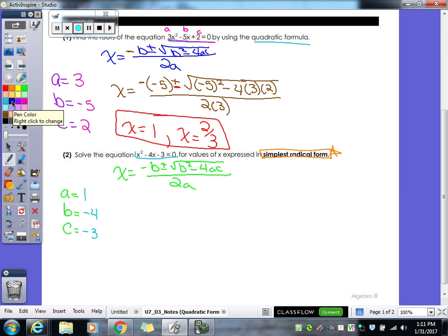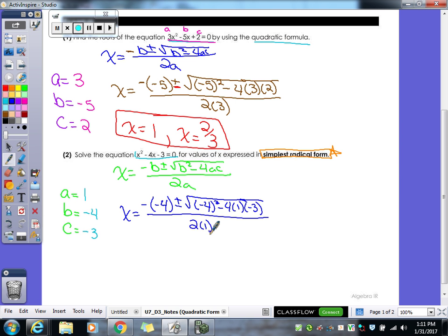So now go ahead, plug in your values for your a, b, and c. Remember to use all of your parentheses. So I have negative parentheses, negative 4. And then make sure yours looks like mine up the front after you have all yours plugged in.